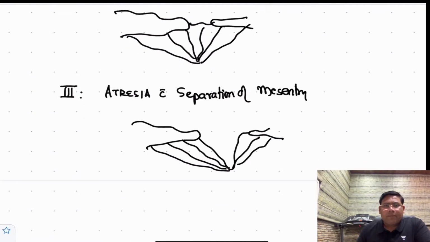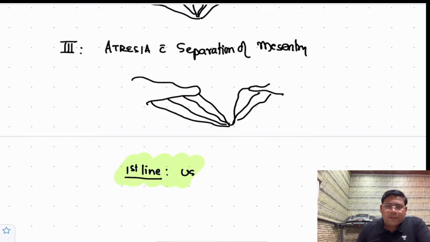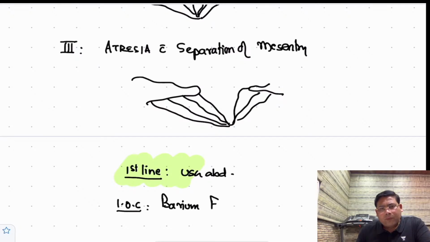The next important thing that you need to understand, kids, is the workup. The first line investigation that we have is USG abdomen, but the investigation of choice is a barium follow through. So it's a barium follow through, and this is very important.